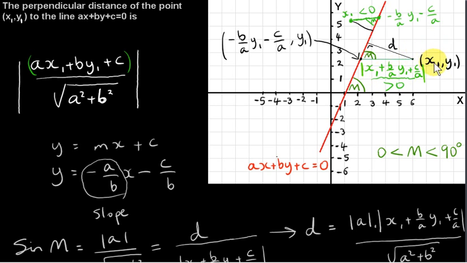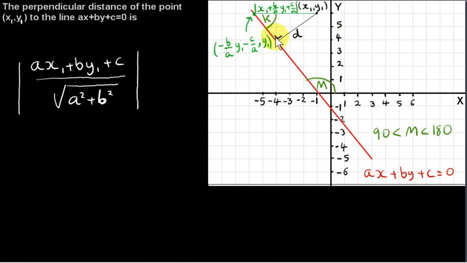They don't necessarily have to be positive, by the way. Points on this side could be negative. Depends on what value A is. Points on the other side of the line will have opposite sign for this quantity. But anyway, we'll be getting the magnitude, so ultimately we'll end up with a positive quantity.